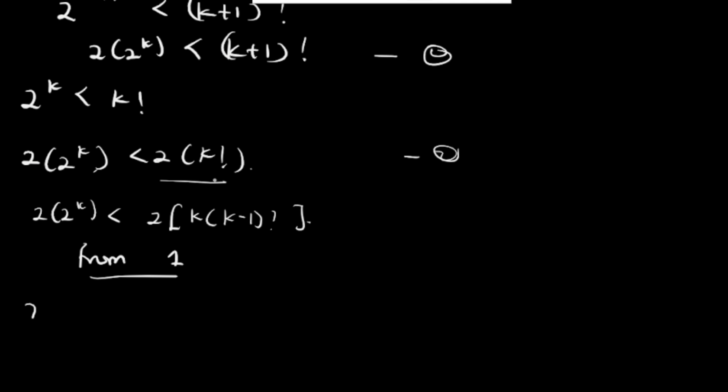So from 1, we get 2 multiplying 2 to the power k, less than what? If you have k plus 1 all factorial, then what are you going to get? Remember, n factorial is n itself multiplying n minus 1 multiplying n minus 2, in that order.